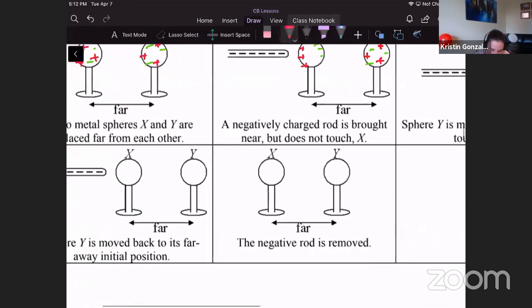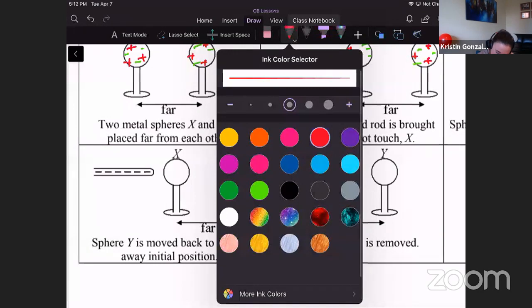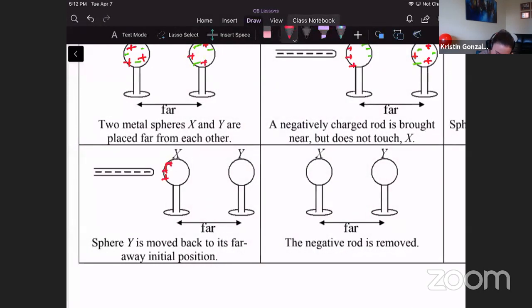Okay, and then if we take sphere Y far away, still leaving that negative rod close to it, what are we going to get? Well, we're going to get still all of those positive charges on the left there, and we're going to get the negative charges on the right.